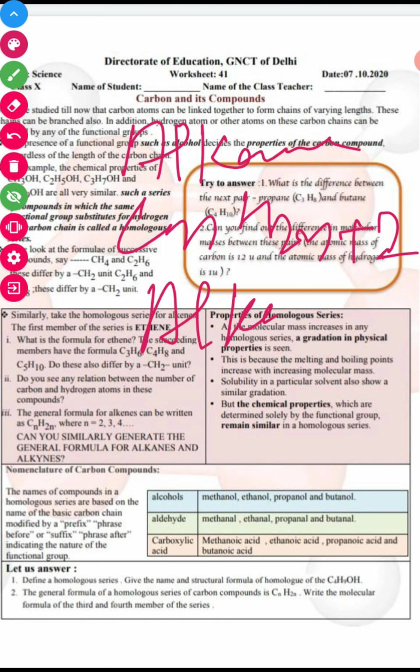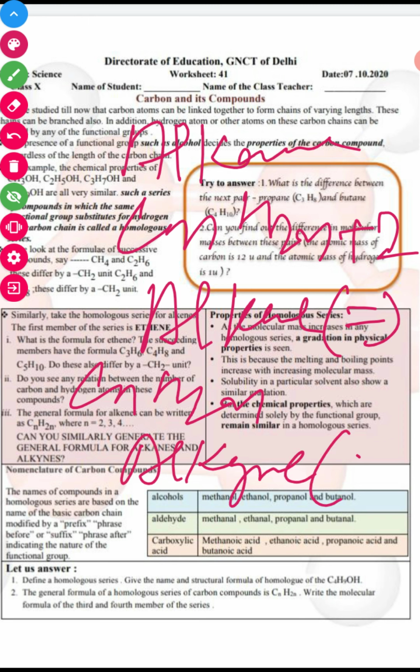Alkene, where the double bond is present between carbon atoms, has CnH2n, and alkyne, where we have a triple bond, has CnH2n-2.